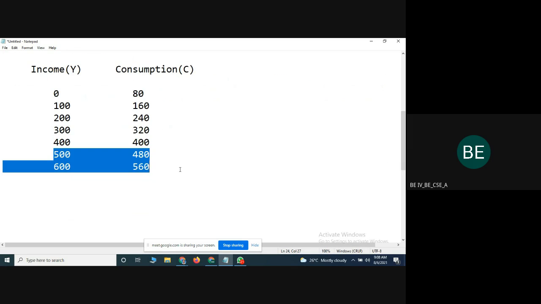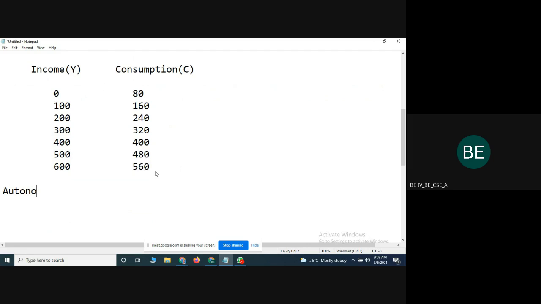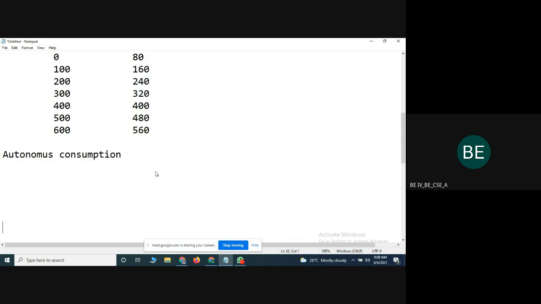From this, I'm going to introduce certain terminologies. The first terminology is called autonomous consumption. What is autonomous consumption? When the person's income is zero, the people still spend 80 rupees.